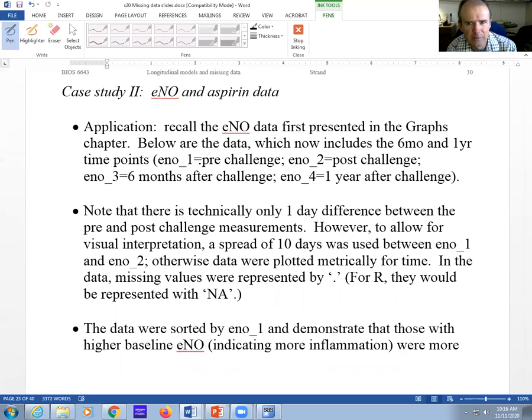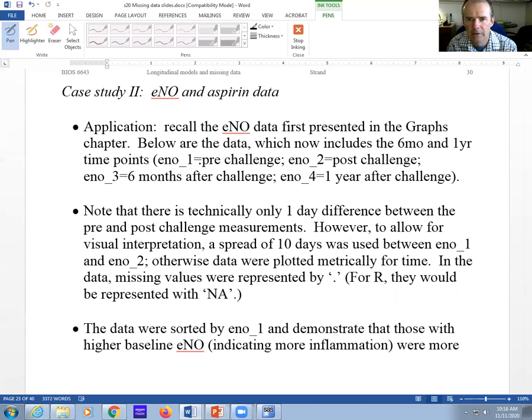So this data set is another one that you have seen, where we have subjects that are allergic to aspirin, and so we give them aspirin and see what happens. But in reality, you give them a little bit, because you want to desensitize their allergic response, and so they have a baseline ENO measurement. ENO, exhaled nitric oxide, is going to reflect how much allergic response they're having.